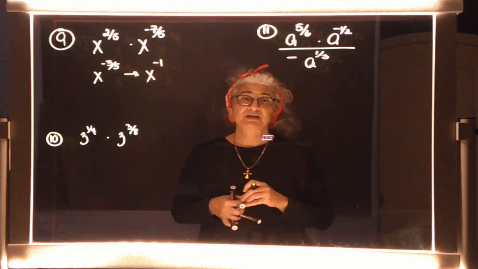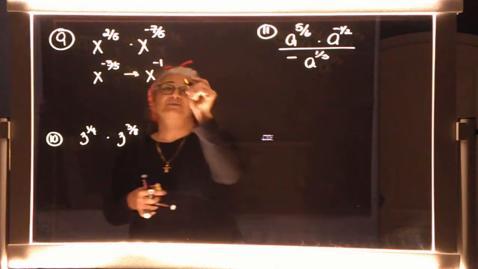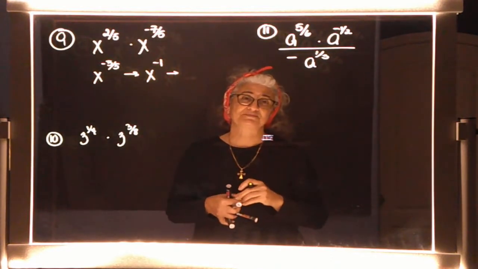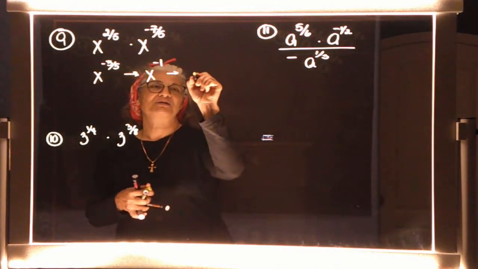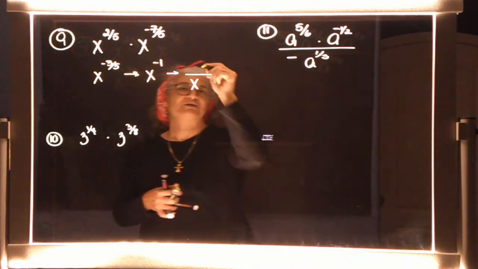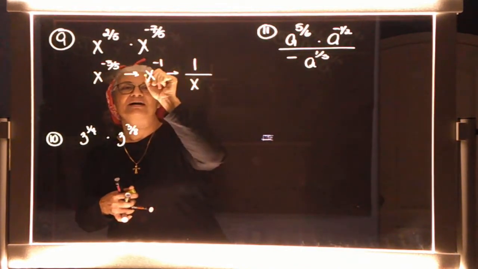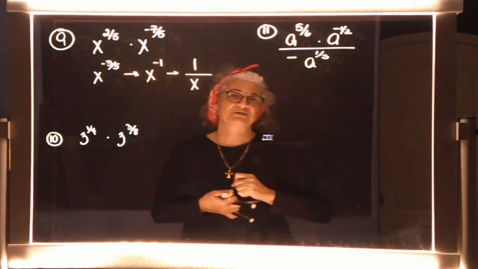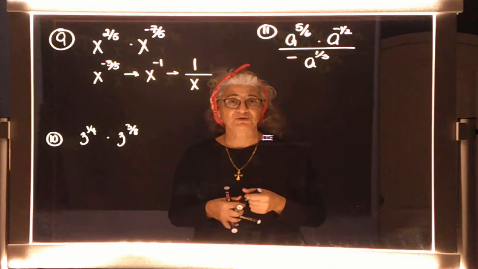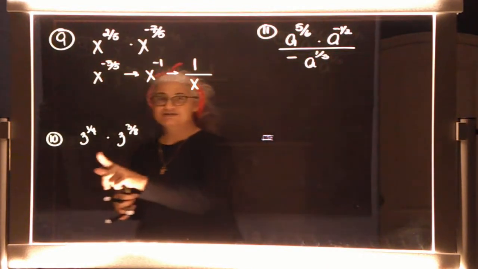You're going to have to rewrite it so it doesn't have a negative exponent, which means in this case, where does the x belong? Belongs on the bottom. So this is going to be written as x to the power of 1 on the bottom. And on the top, yeah, there's that imaginary 1 sitting out front, remember? So in this case, your answer is just 1 over x. Cool? Good. Let's look at number 10.